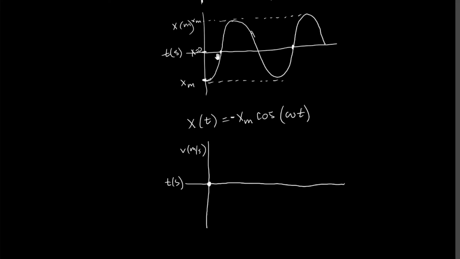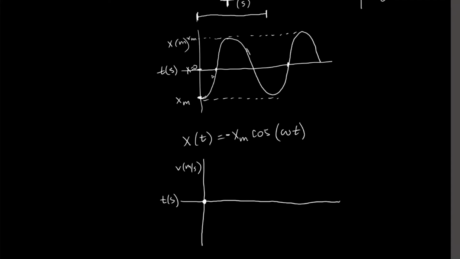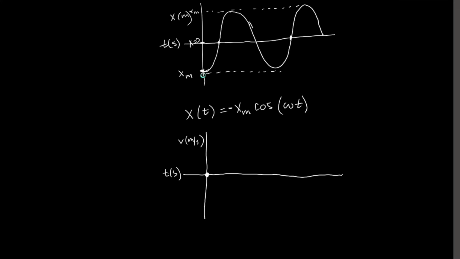And velocity is the rate of change of position, or the slope of this graph. So it's 0, then it starts going up, positive. Then right here, it reaches a maximum slope and it starts going back to 0. Then right here, it's back at 0 again.